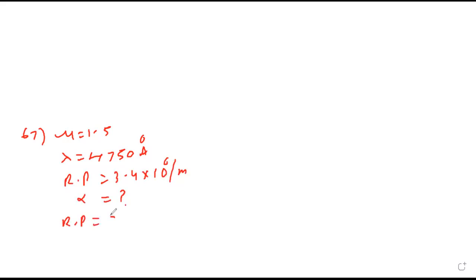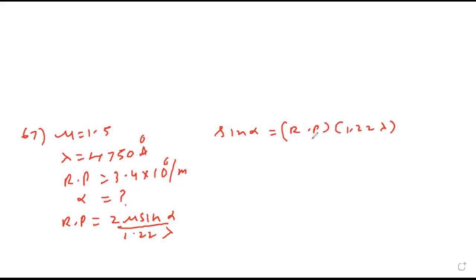So resolving power is 2 mu sine alpha upon 1.22 lambda. So sine alpha is resolving power into 1.22 lambda upon 2 mu.